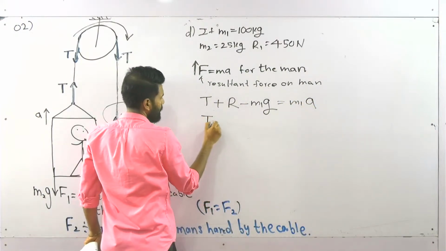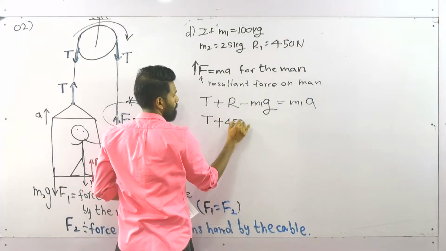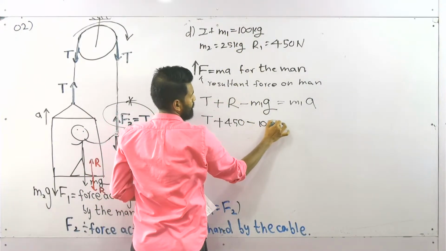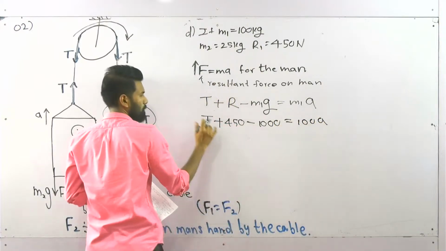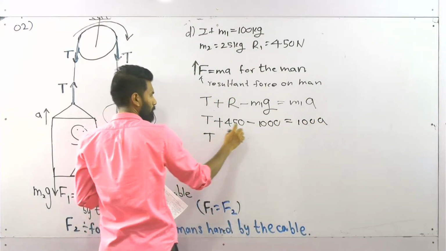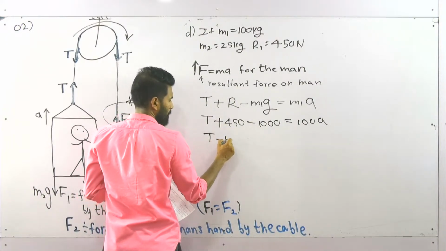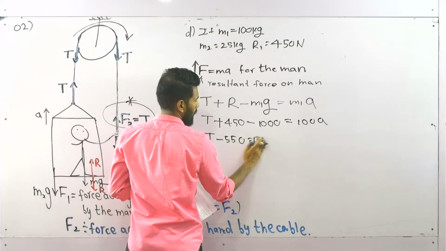I don't know T, but they give R1 as 450, minus his weight, M1G, 1000, is equal to 100A. So T plus 450 minus 1000 is minus 550. T minus 550 is equal to 100A.